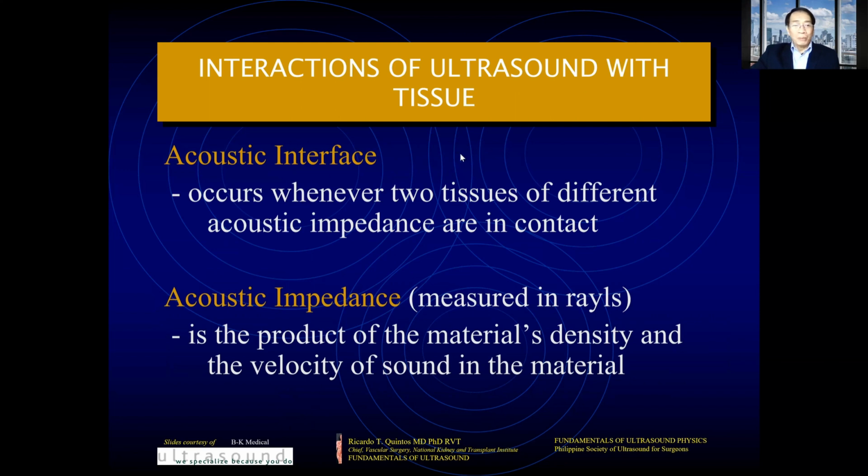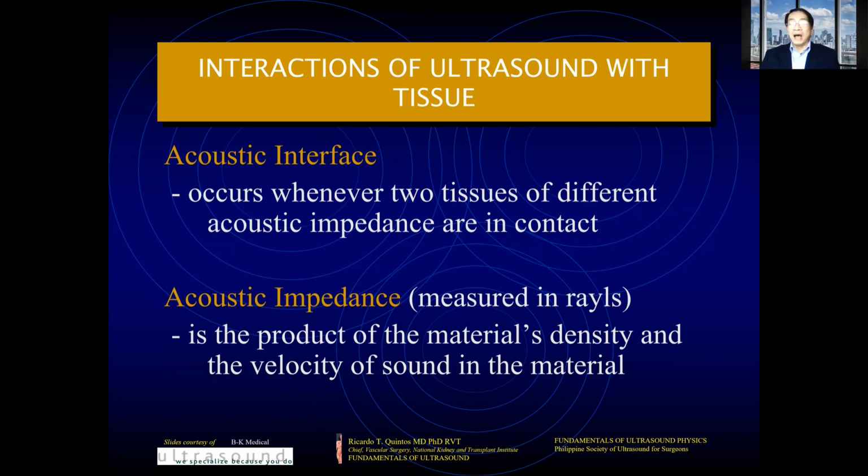Certain concepts come into play. The acoustic interface is that which occurs whenever two tissues of different acoustic impedances or acoustic resistances are in contact. So if there are two tissues with two different acoustic properties and they come in contact, there will be an acoustic interface.